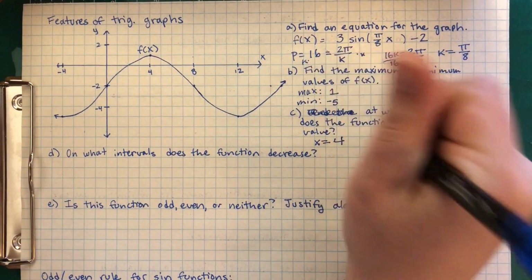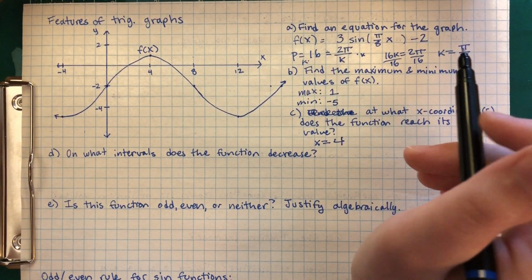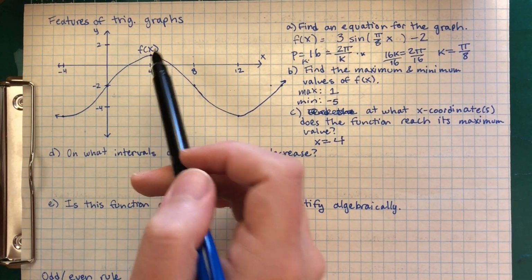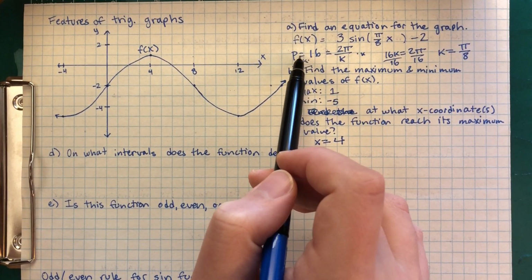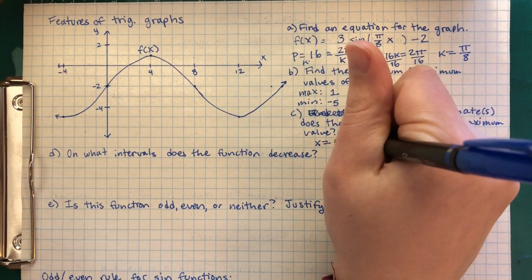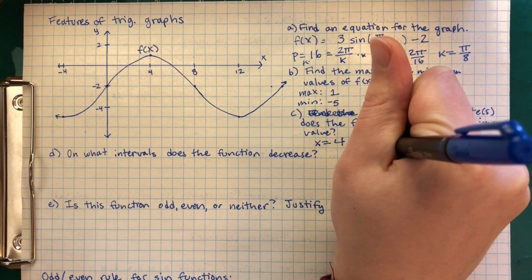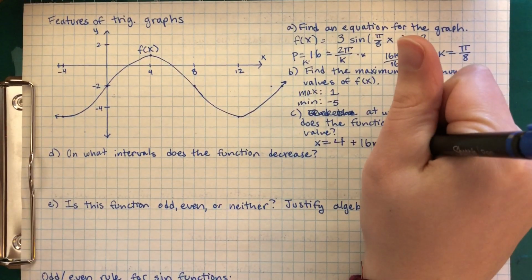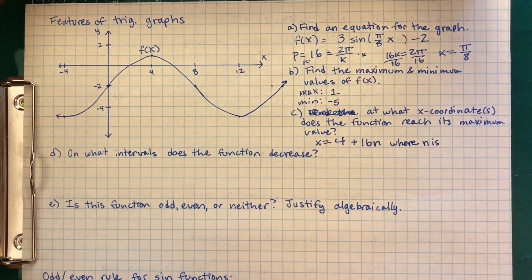So I already figured out the period is 16. It's going to reach that maximum value at 4, and again after 16 units, and again after that after 16 units. So I'm going to write 4 plus 16n, where n is any integer.